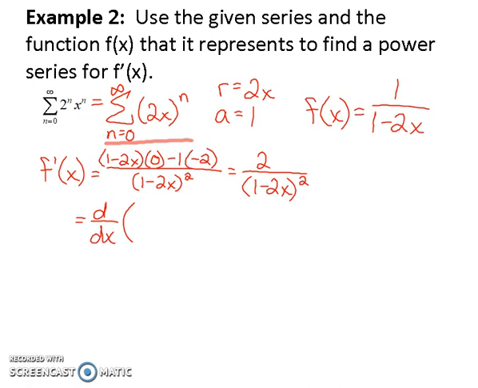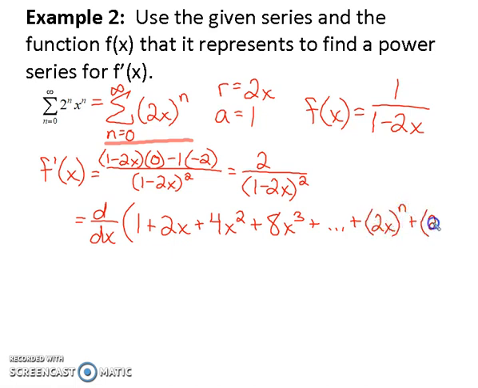So if I put 0 in for n, my first term is a 1. And then if I put 1 in for n, I get a 2x. And then I get 4x squared. And I'm going to go one more. So with a 3 in there, I get 8x cubed. And then with the n in there, I would have 2x to the n. The next term, because we kind of saw in the last problem, we want the n plus 1 in there as well. So that's what it would look like.